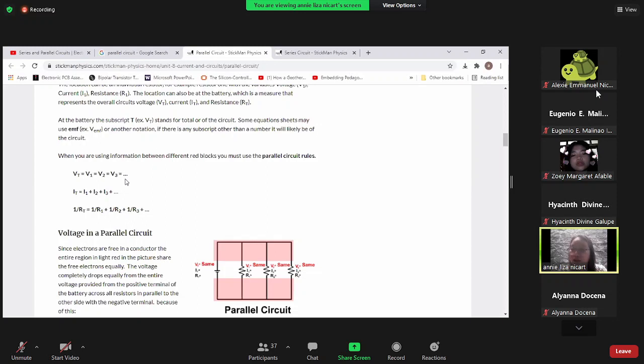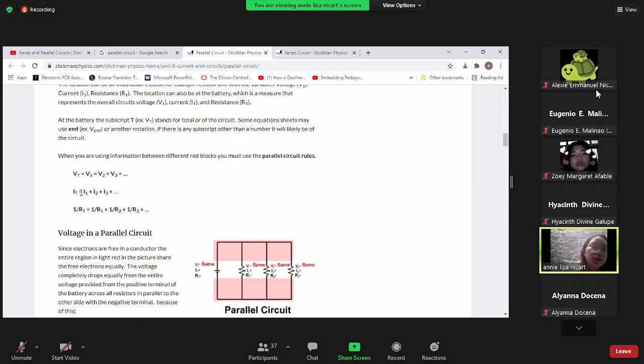Kasi kung naka-series sila, i-divide nila ang voltage. Whereas dito sa parallel, paprihas an ira voltage, equal to the voltage of the source supplied by the source. That's why bulbs are more bright in parallel compared in series.